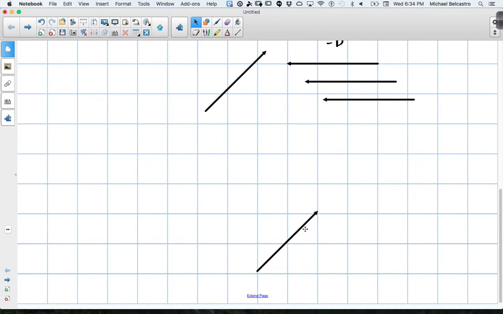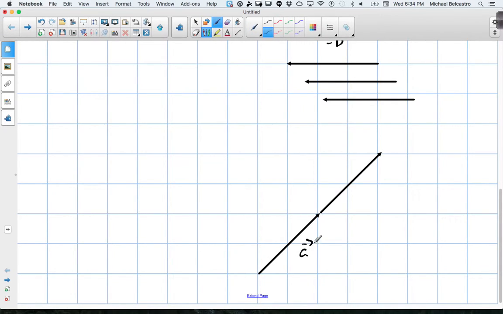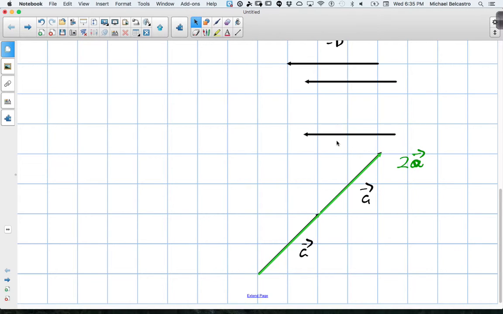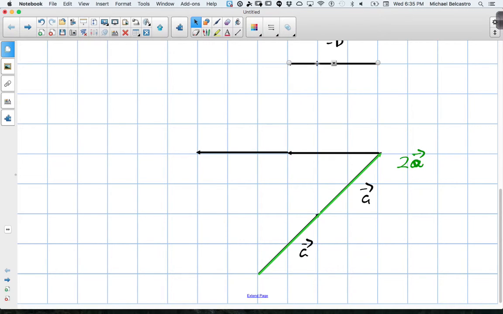So let's say we're starting here, and these are our 2 vector A's. So here's vector A, which means this is the equivalent of, I'll draw a new line in green here, 2 vector A. And now here we go. So we have vector B, and vector B. Okay.